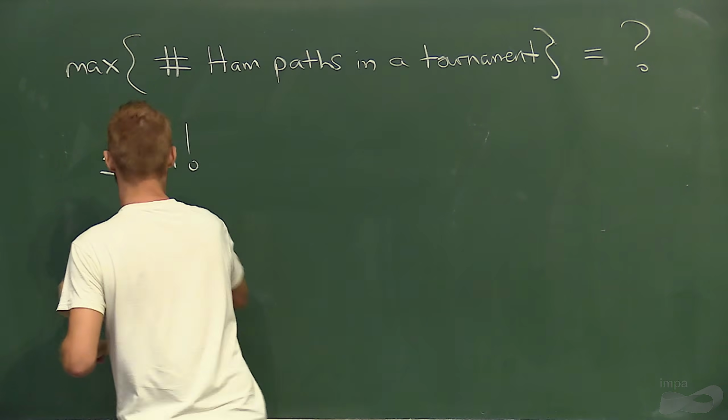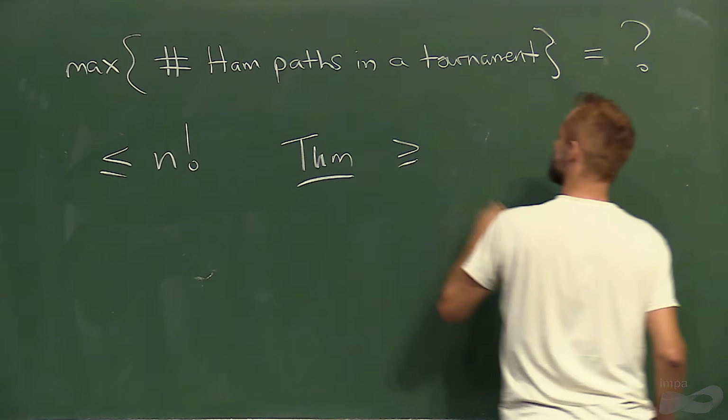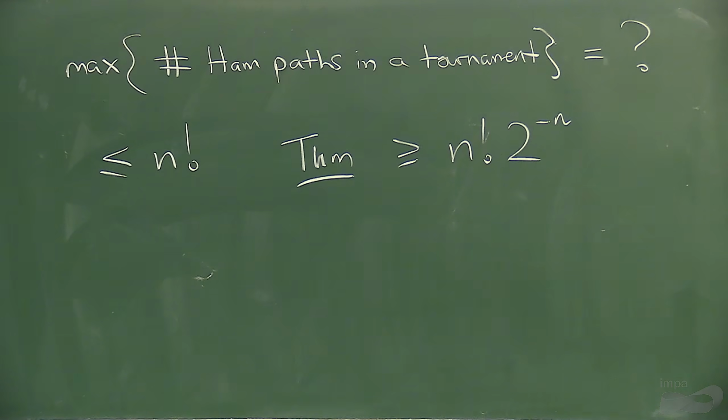Which is just the number of all ways of ordering the vertices. So here's a theorem. It's at least n factorial times 2 to the minus n. So it's not that much smaller than n factorial. So what am I saying? I'm saying there exists a tournament on n vertices with at least n factorial times 2 to the minus n Hamilton paths.